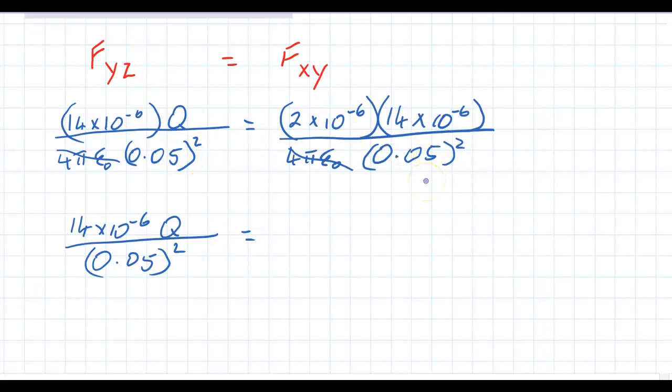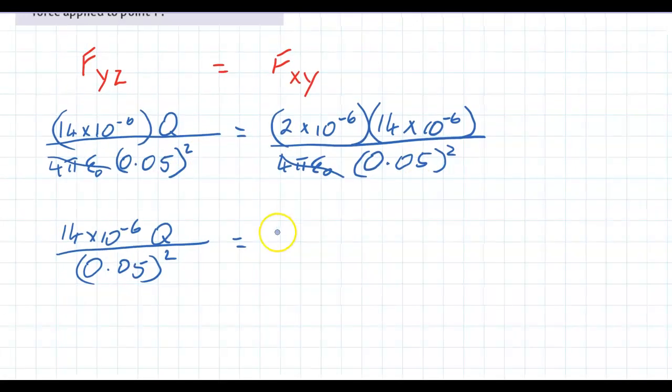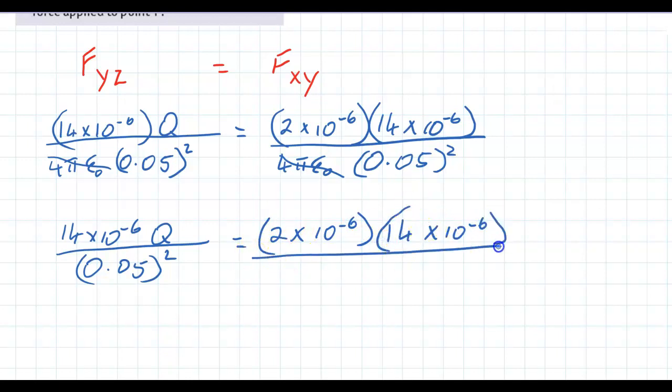So I'm just going to not cancel those out and continue on. But for this question, you absolutely could. Okay, so that looks a lot easier than what we had up here.